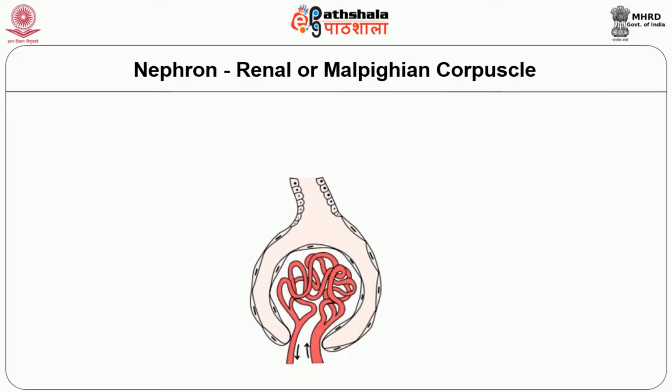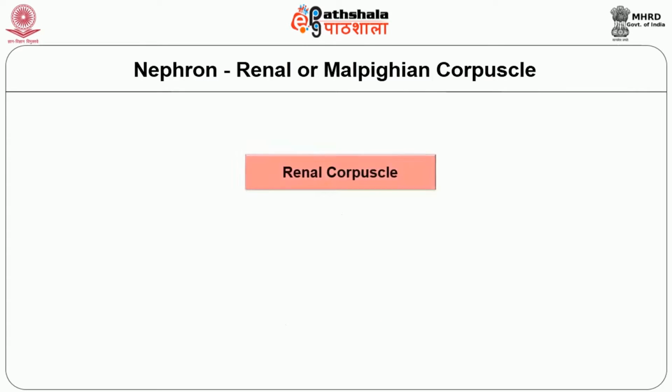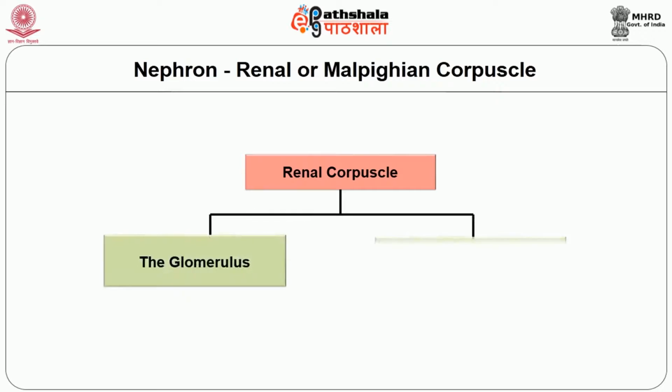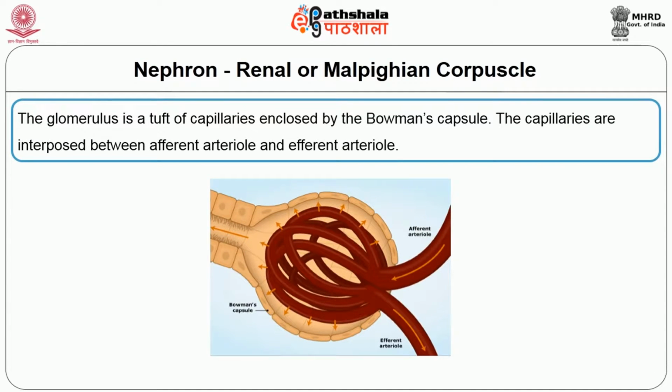You can see the diagram of the renal corpuscle or Malpighian corpuscle here. The renal corpuscle is a spheroidal and slightly flattened structure with a diameter of about 200 microns. The renal corpuscle is formed by two portions, namely the glomerulus and the Bowman's capsule. The glomerulus is a tuft of capillaries enclosed by the Bowman's capsule.